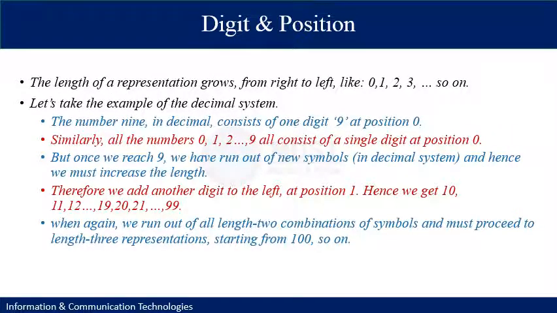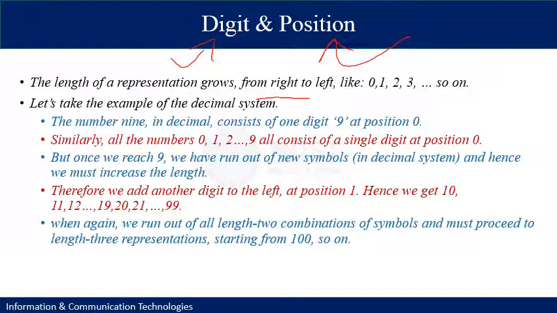The important consideration to understand here is the representation of a digit in the number system and its subsequent position. So the length of number representation grows from right to left, just like 0, 1, 2, 3, and so on. So remember, it grows from right to left.